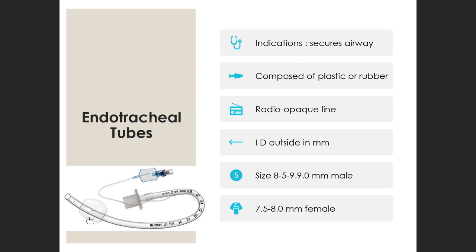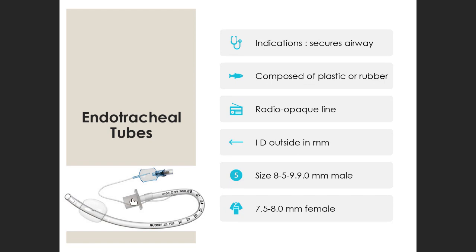You're seeing it on the lower part of the tube right there. All right. There are different sizes, and ID says the internal diameter, and OD written on it will tell you that's the external diameter.